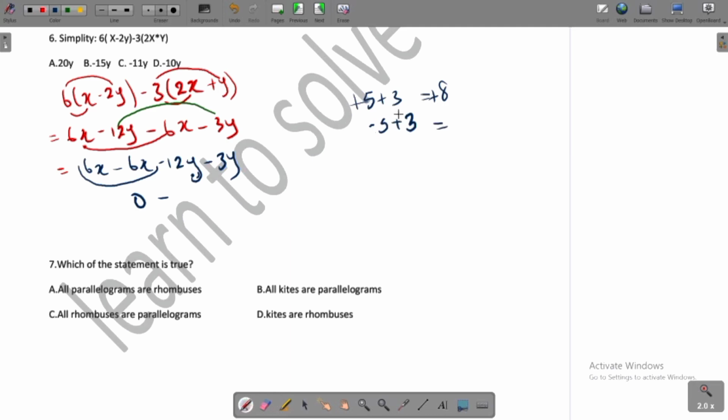Now you have minus 5 plus 3, which is the same thing as 3 minus 5. So your answer is minus 2, because we are subtracting a big number from a small number. You have your answer as negative.